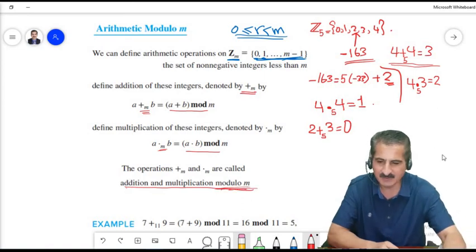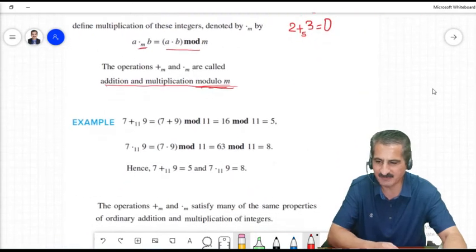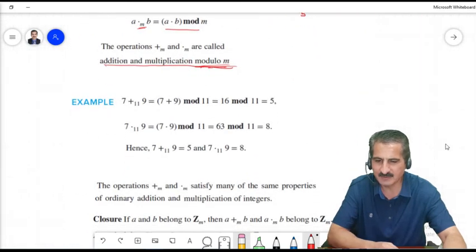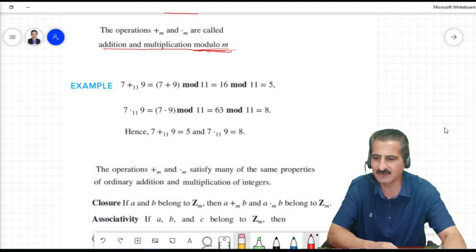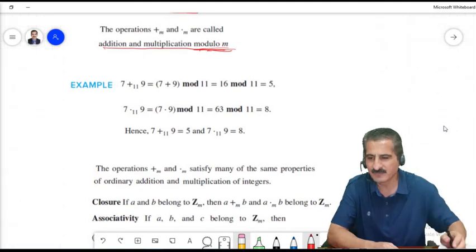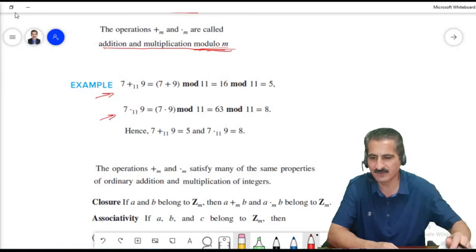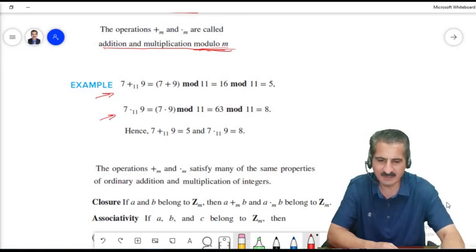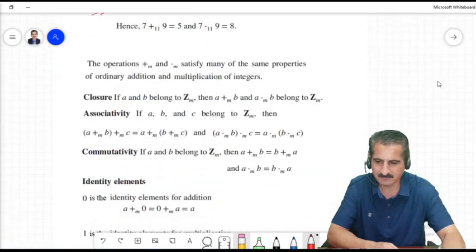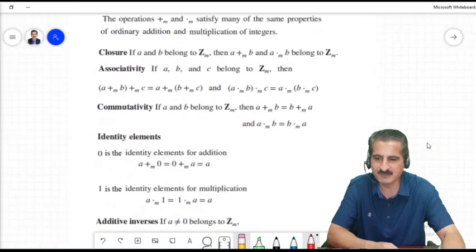Now we have seen examples above, and I will let you have a look at this example on your own. Work them out, and at the end we will go over these properties.